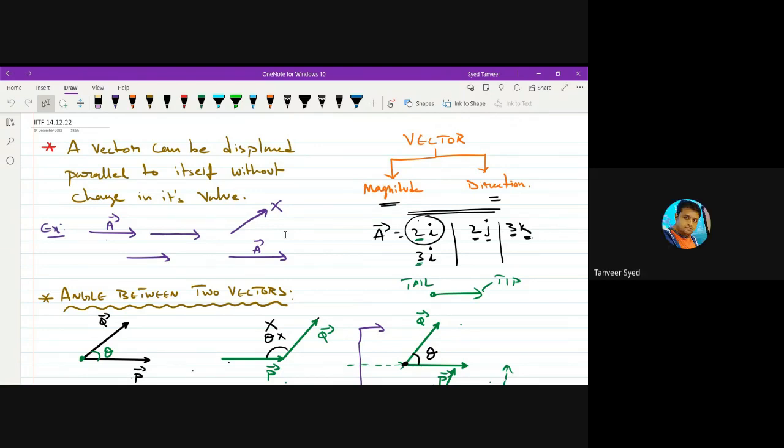If you don't want to change the value of a vector, but you want to move it, then you should move it parallel to itself. Sir, does its magnitude change or not? No, how will magnitude change? If I just pick up this arrow and place it here, will its magnitude change? Okay, sir.